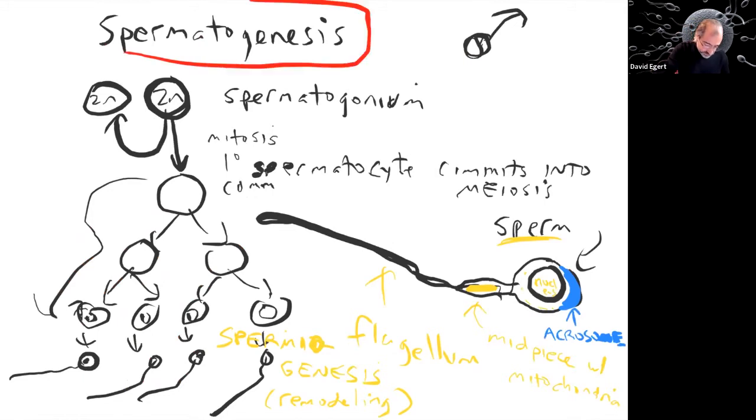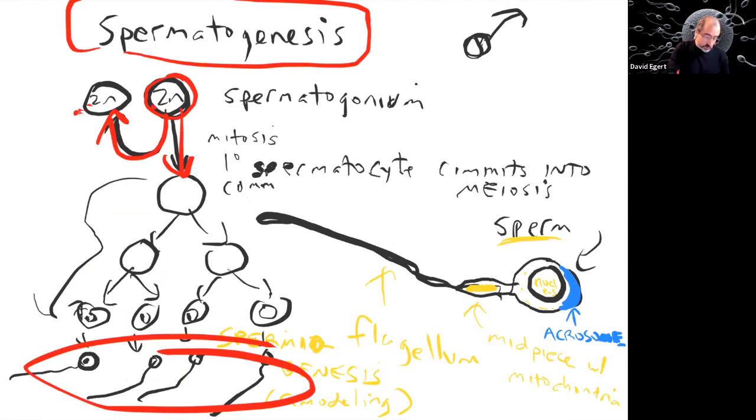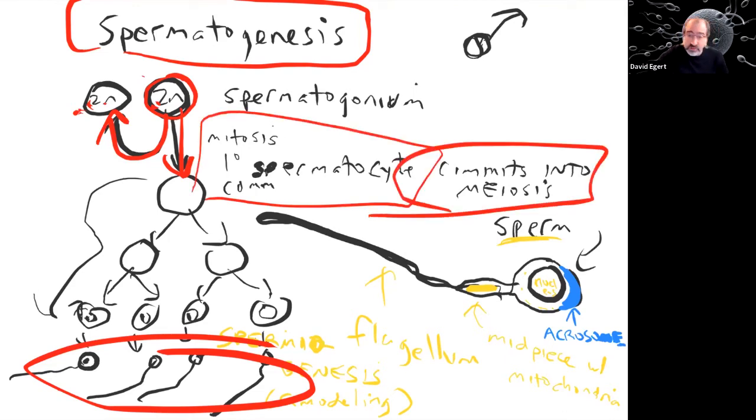In spermatogenesis, you had the spermatogonium, which was basically the stem cell, and it divides, replaces itself, sends another daughter into meiosis to make sperm, but then it can just do it again and again and again. So this just goes on and on. In the female, the oogonium, the cells that ultimately create the eggs, they all commit into meiosis by the time you're born.